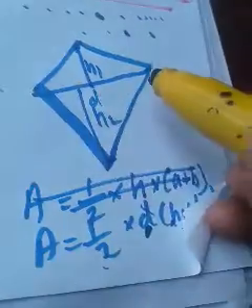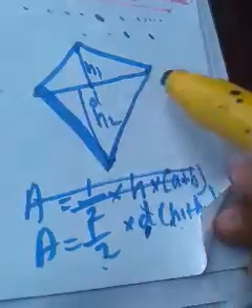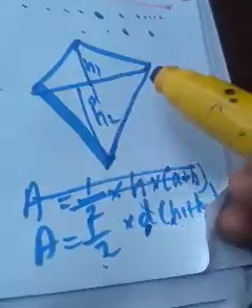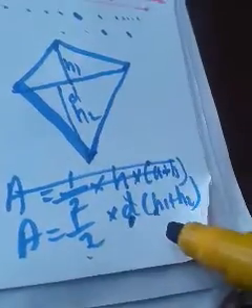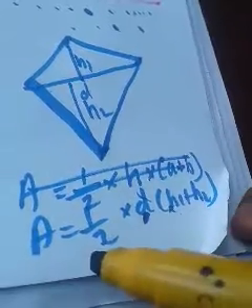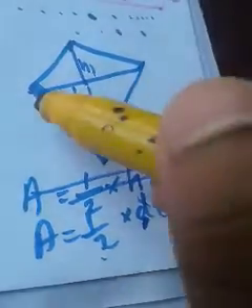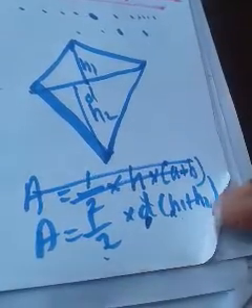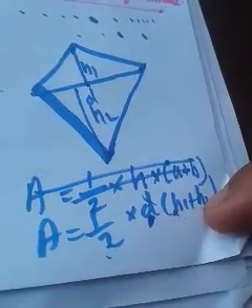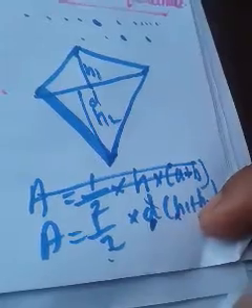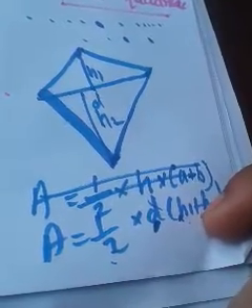Because this portion is a triangle and this portion is a triangle, in that triangle the height is H1. The next triangle's height is H2. That is what H1 and H2 are. So the area of a general quadrilateral is half into D into H1 plus H2. D is this one, the diagonal. This is the area formula for calculating the area of a general quadrilateral.